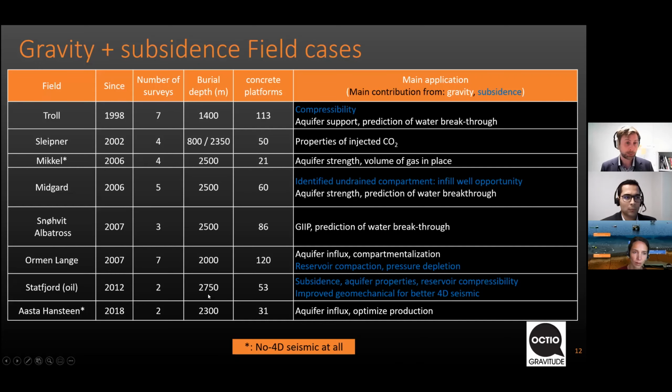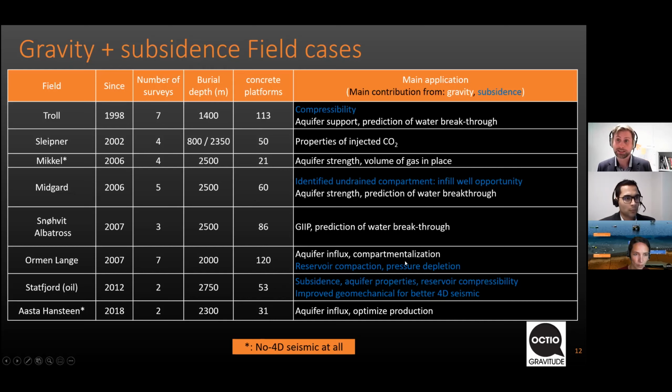You have, for instance, examples like the Troll field, where you are at nearly 3,000 meters, and you have other areas like the Sleipner where you are at only 800 meters. So there's a bit of a difference in the different fields, and there's obviously also differences in the sizes of the monitoring area itself, from Mikkel with 21 concrete platforms to Ormen Lange, which has about 120.